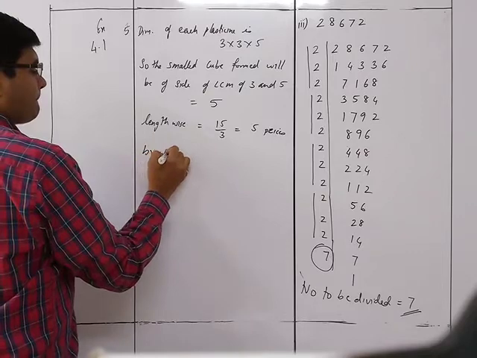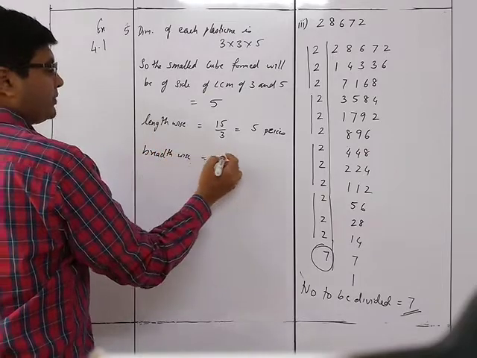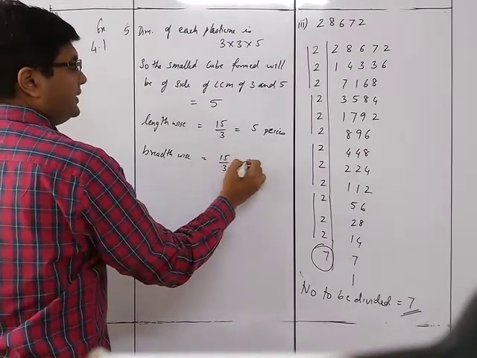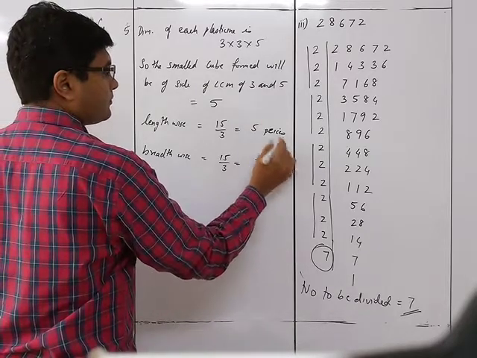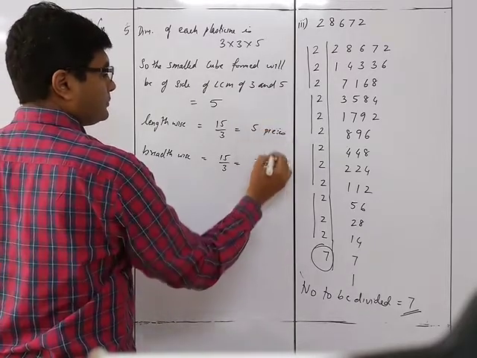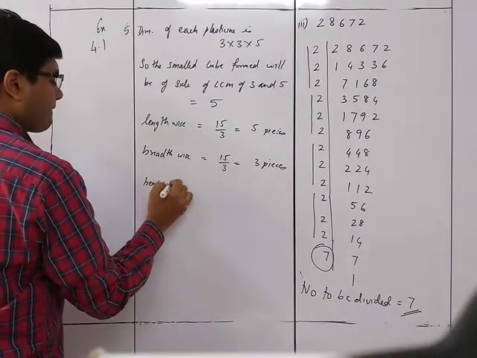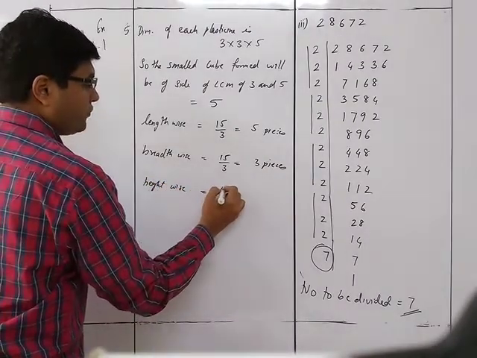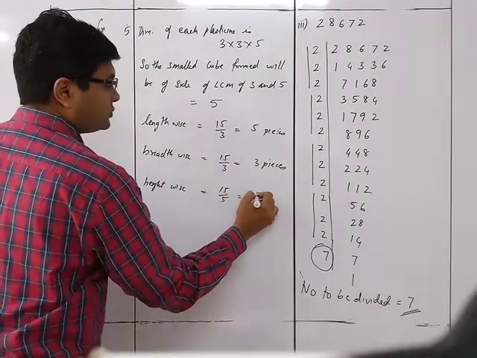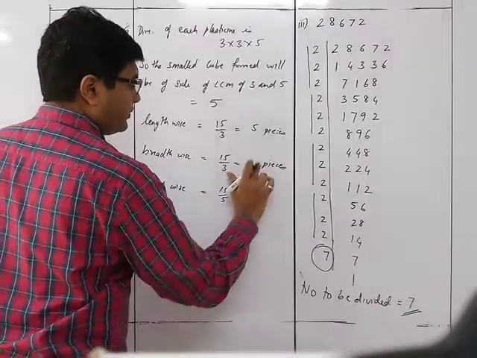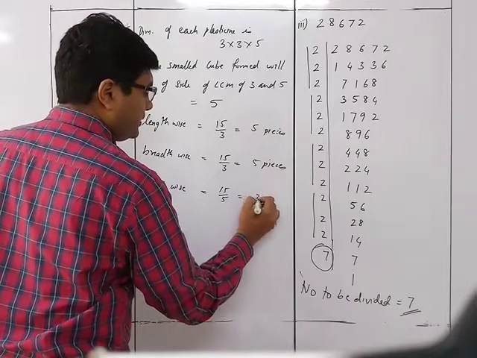Breadthwise is equal to 15 upon 3, which is equal to 5 pieces. And heightwise is equal to 15 upon 5, which is equal to 3 pieces. So 5 pieces and 3 pieces.